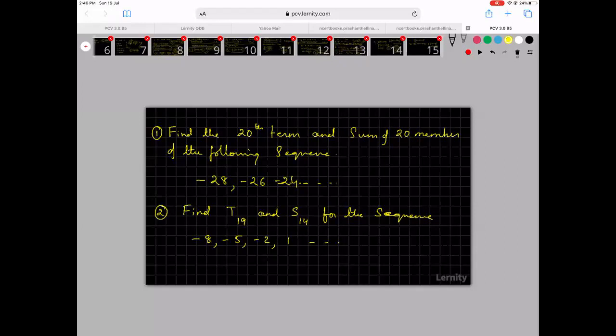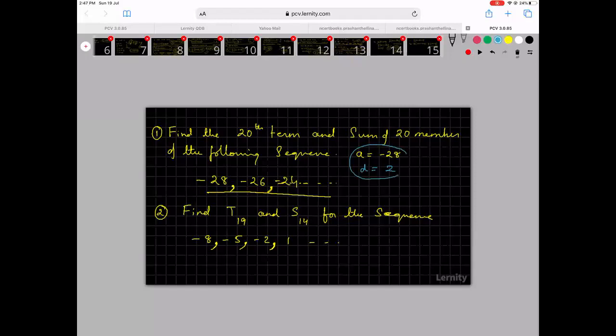Okay. So see here, a is equal to minus 28 and d is equal to 2.